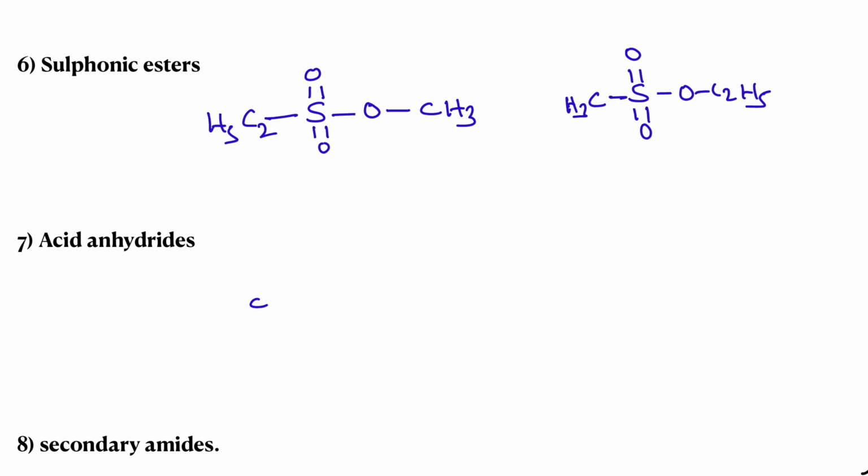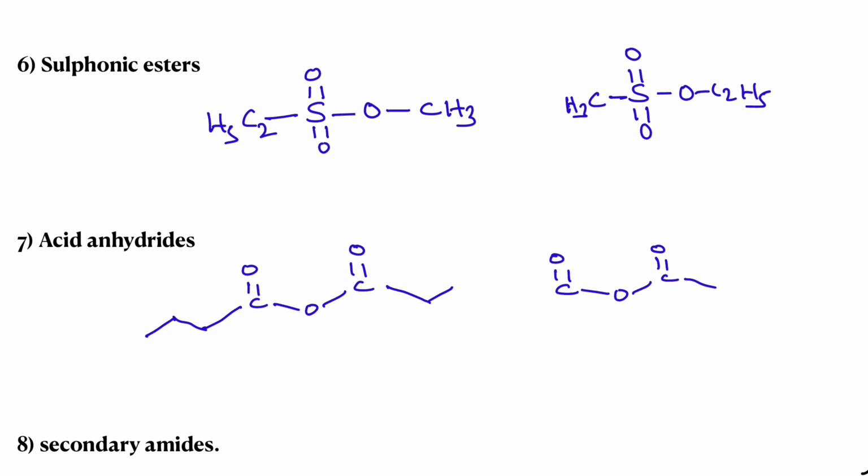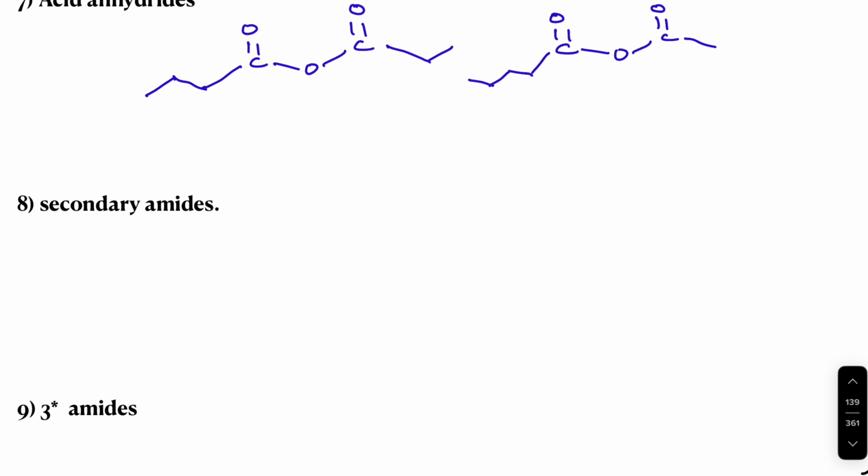Acid anhydrides. Acid anhydride is the functional group. Definitely it is having two alkyl groups. For example, here I am taking a propyl group, here I am taking an ethyl group. You can change the structure. So here O, C double bond O, this side I am taking a methyl group, this side I am taking a butyl group, like this. Secondary amides also exhibit metamerism, like this.